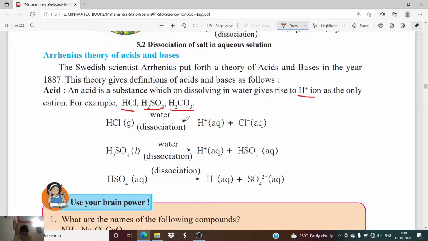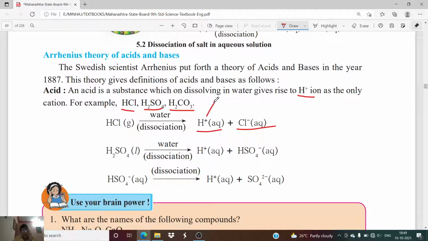Here the reactions are given to us. If I mix HCl, hydrochloric acid, in water, it is going to dissociate into H+ ion, that is the cation, and Cl- ion.